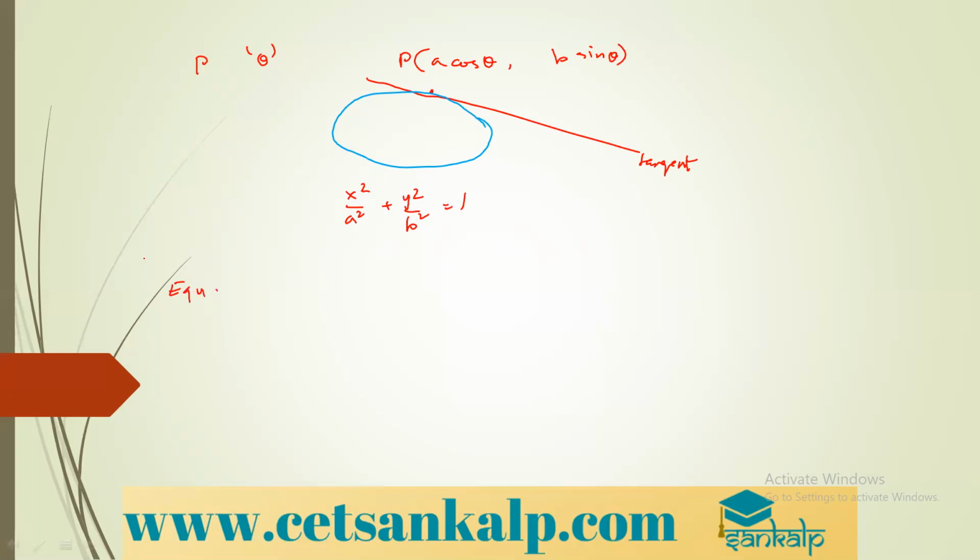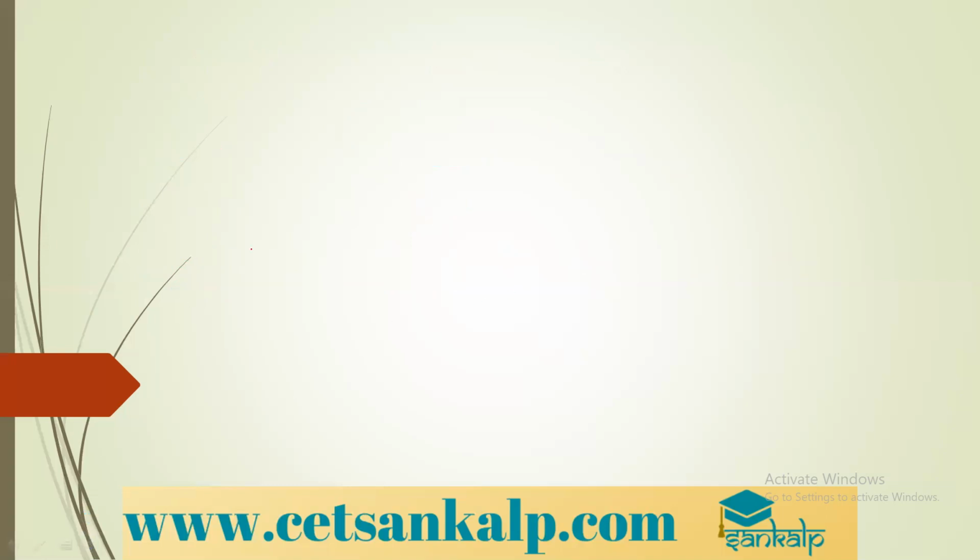Then the parametric equation of the tangent can be written. We have a different formula for this. The parametric equation of the tangent is x cos theta by a plus y sin theta by b equal to 1. So sometimes in problems you will be using this also.